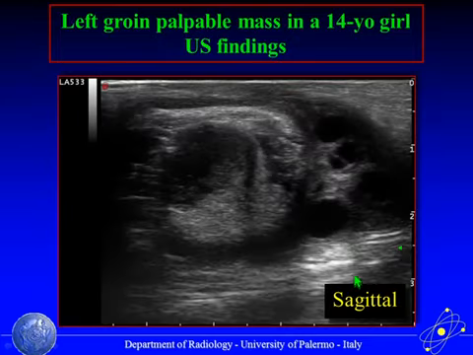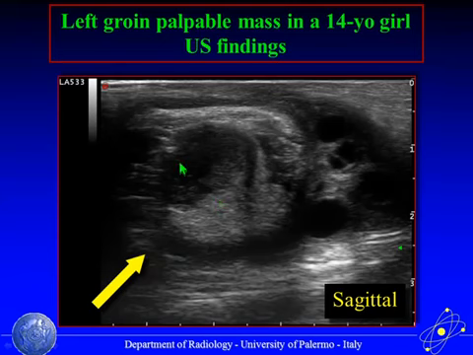This is a sagittal scan of the same lesion, and in this scan we can notice almost two different portions of this lesion. One area of the lesion is this one over there, inhomogeneous, hyperechoic, and in the caudal part of this lesion we can see these multiple small anechoic areas over there.